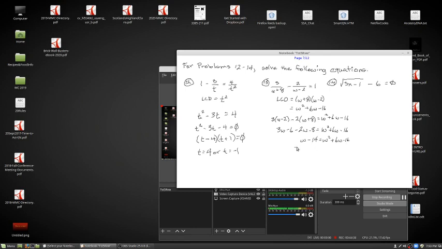Okay, let's subtract w and add 14 to both sides. And we will end up with 0 is equal to w squared plus 4w minus 16 plus 14. That's going to be a minus 2.